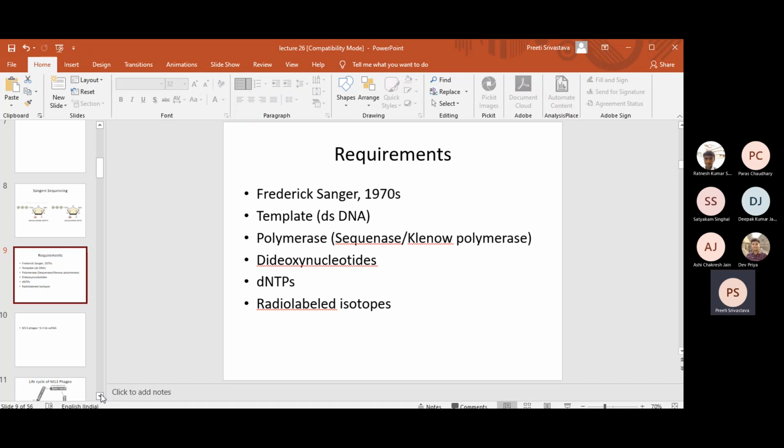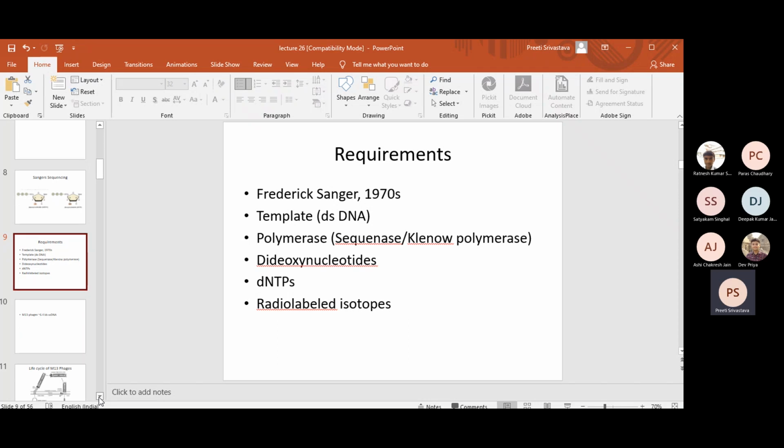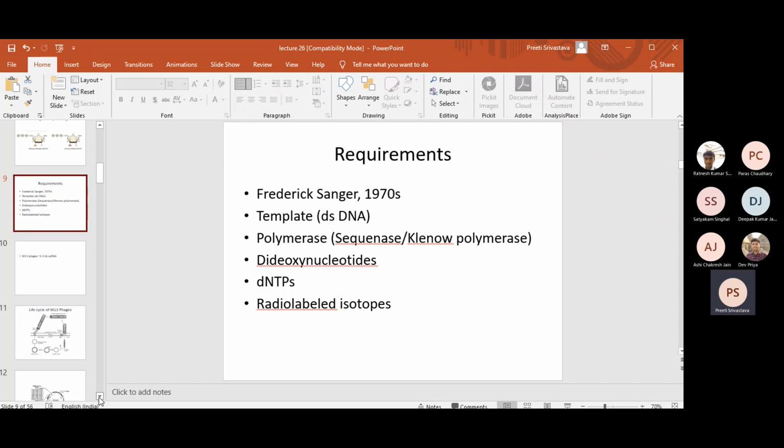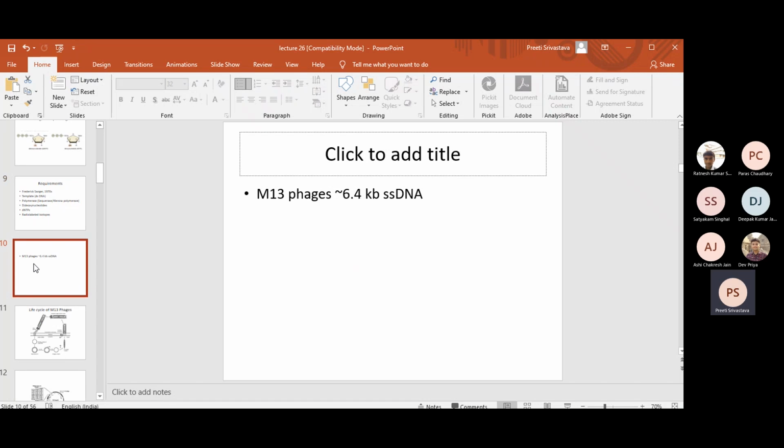For sequencing, the basis is somewhat similar to what we do in PCR. I will first explain the way sequencing was done in the initial days. For that, if you remember, we were discussing in yesterday's class about M13, the filamentous phage.